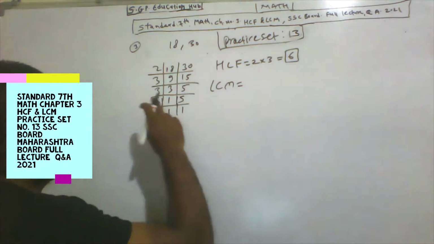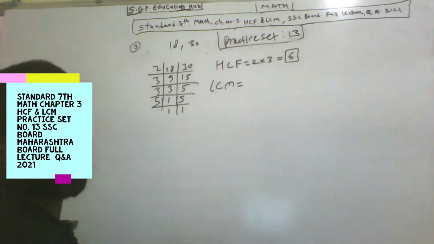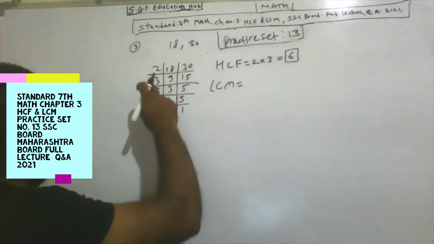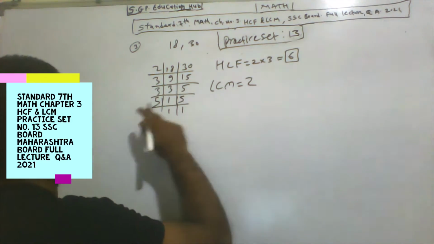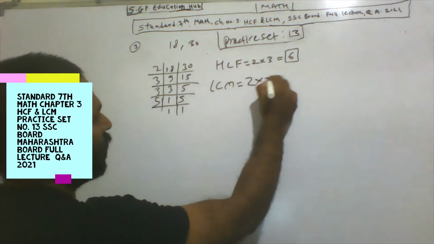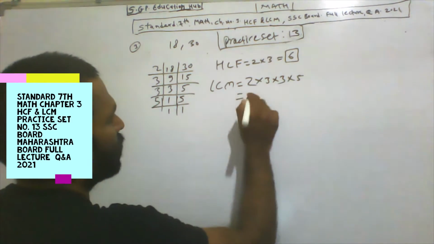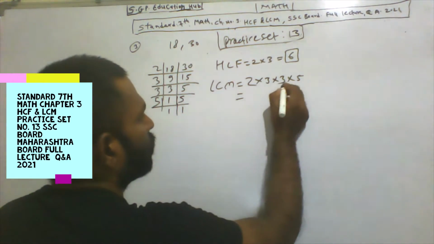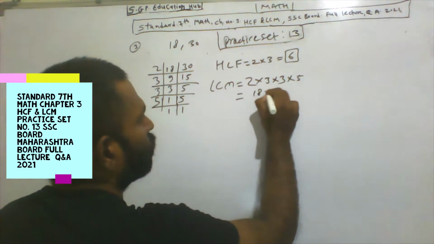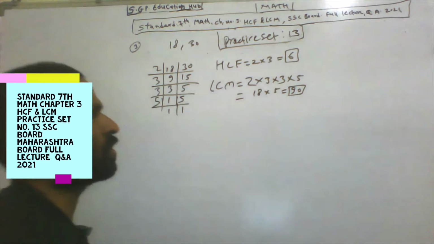How many prime numbers come in these multiples? 2, 3 and 5. 2 comes 1 time, 3 comes 2 times, so 3 into 3. 5 comes 1 time, so 5. So the answer is 2 into 3 is 6, 6 into 3 is 18, 18 into 5 is equal to 90. 90 is the LCM of these numbers.